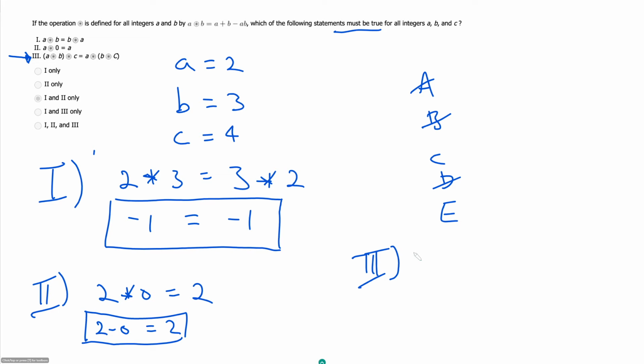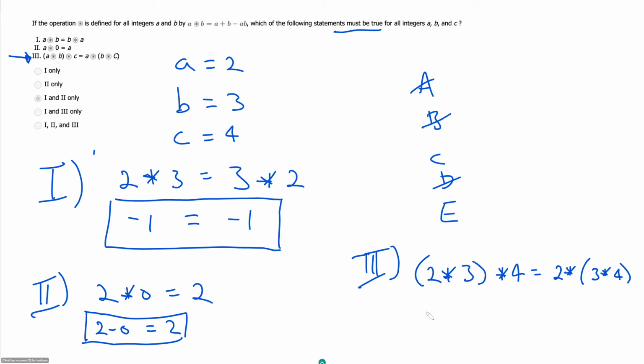We want to know, is the quantity 2 star 3, all star 4, equal to 2 star the quantity 3 star 4? So 2 star 3, we already did, right?